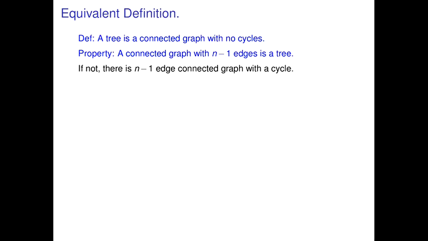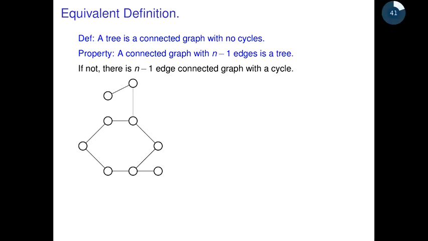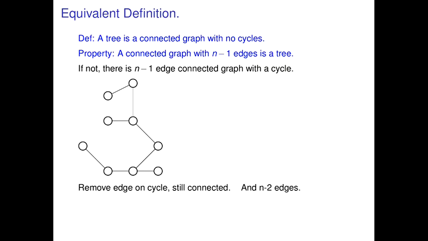Now what we do is we remove an edge on the cycle. Does the graph stay connected if we remove an edge on the cycle? Yes. Okay, so now how many edges does it have? N minus 2. It used to have n minus 1. Now it has n minus 2.